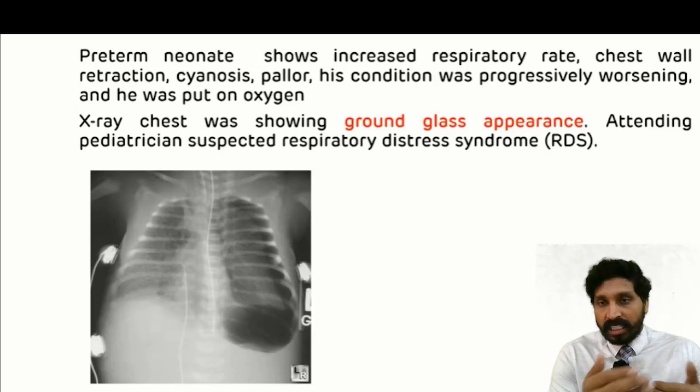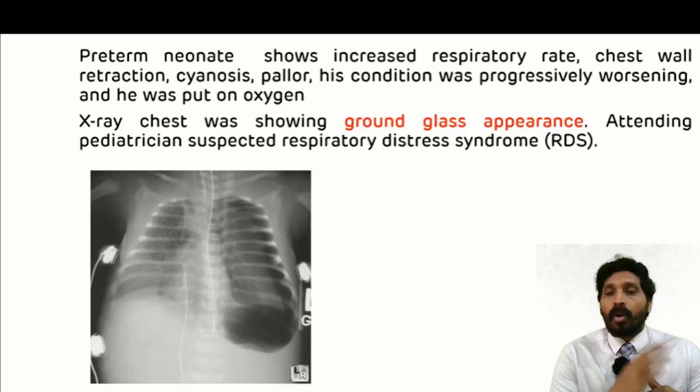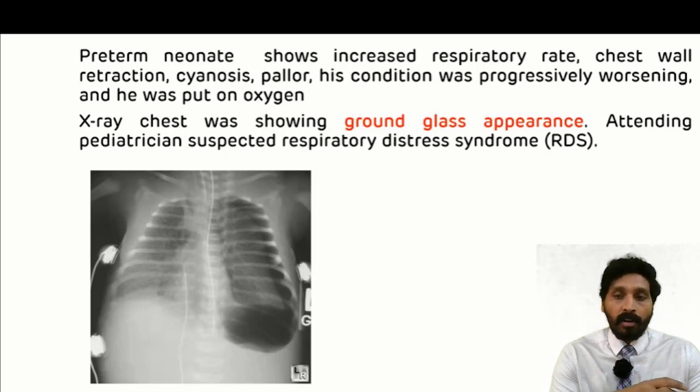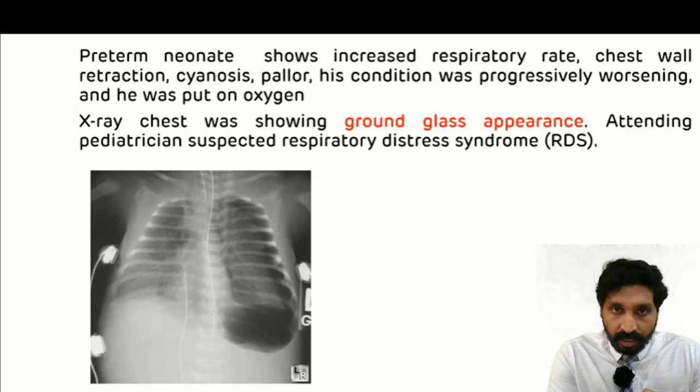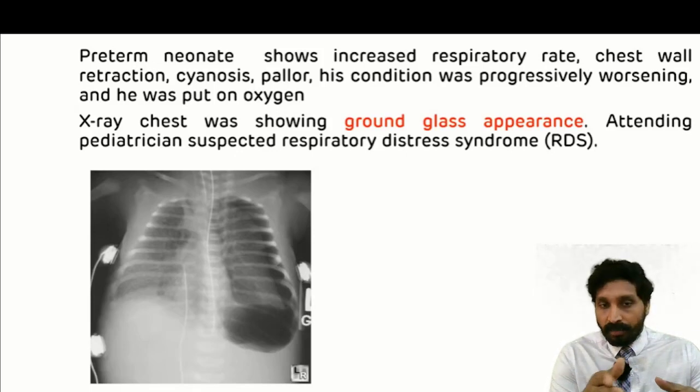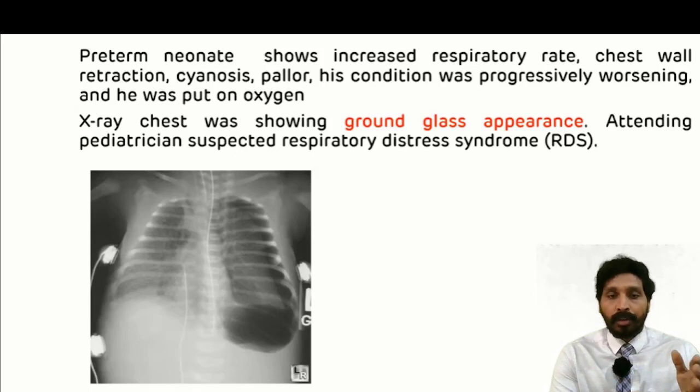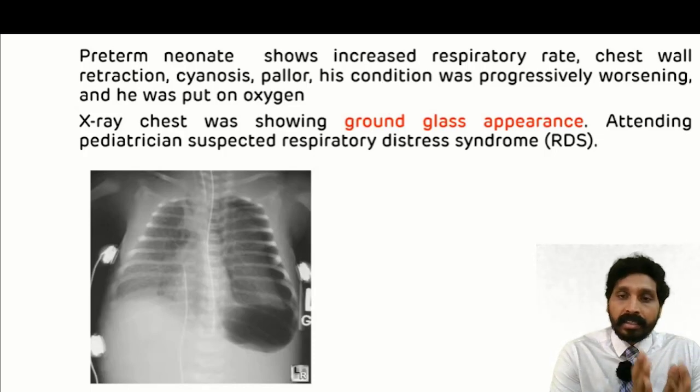His condition was progressively worsening and he was put on oxygen. That means the baby couldn't breathe because of some lung problem. X-ray chest was showing ground glass appearance. If you see the image on your left side, the lungs have a ground glass appearance. The attending pediatrician suspected respiratory distress syndrome.